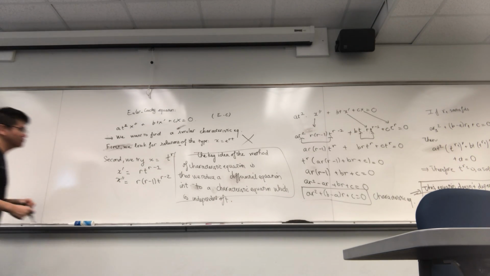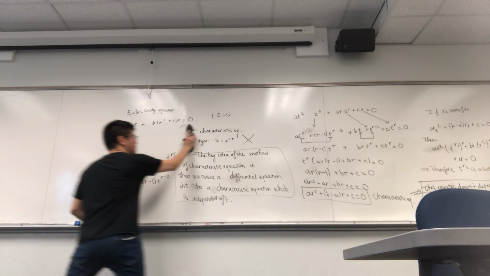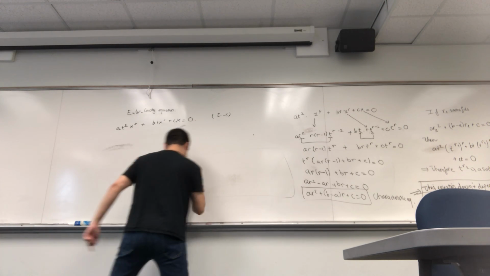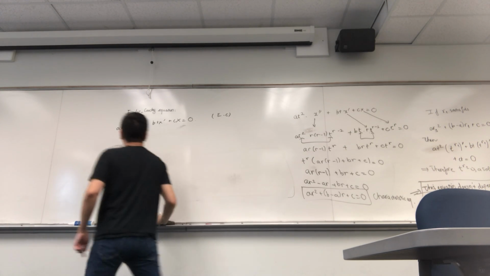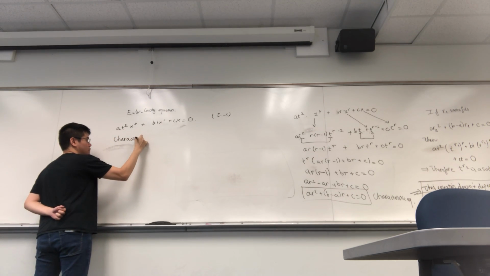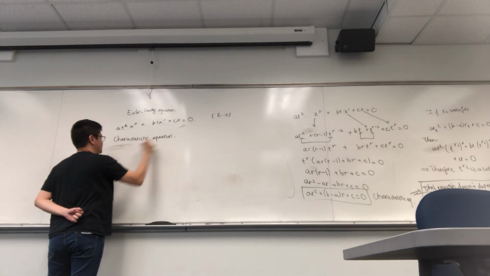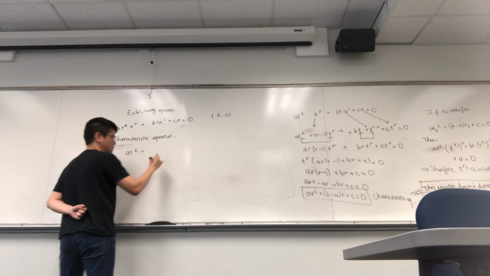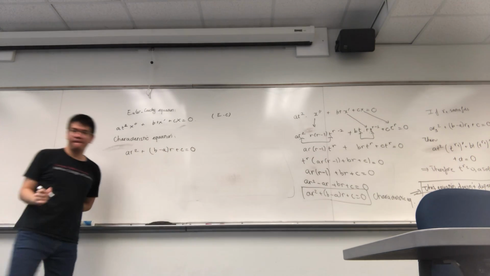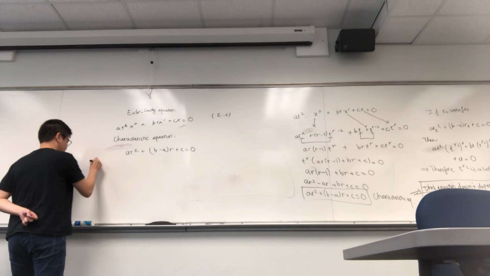Right, so to summarize, the characteristic equation is ar squared plus (b minus a)r plus c is 0. Right? Questions?